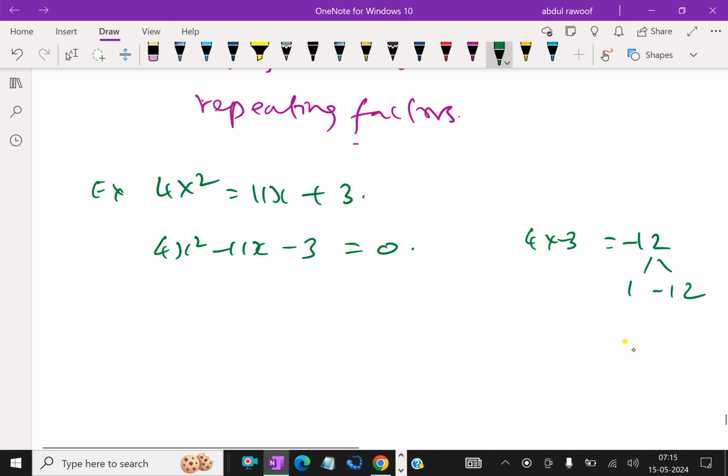So 4x squared, and this minus 11x is split as 1x minus 12x minus 3 equal to 0. Look at here. 1x minus 12x is minus 11x, and 4 and 3 give the last term, minus 12.